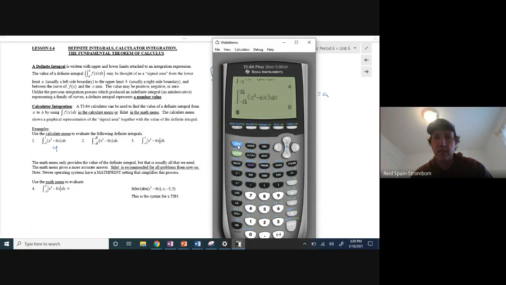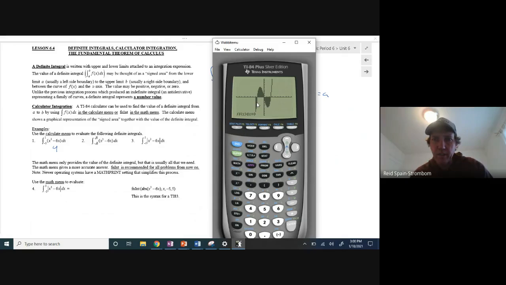And we can see that on the graph, if I go negative root 6 to positive root 6, oops, hold on, you can see that we end up with 0.